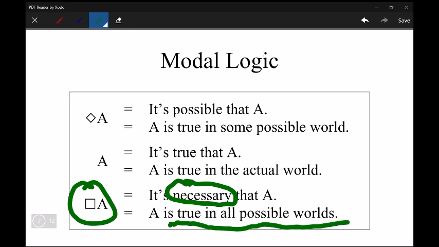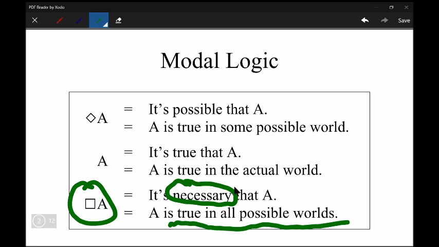Now, not very much is true in all possible worlds. Presumably, things that are true as a matter of logic or concepts. Like if you say, if there's rain, then there's precipitation. That would be logically necessary, because rain counts as precipitation. That's the way the concepts work.